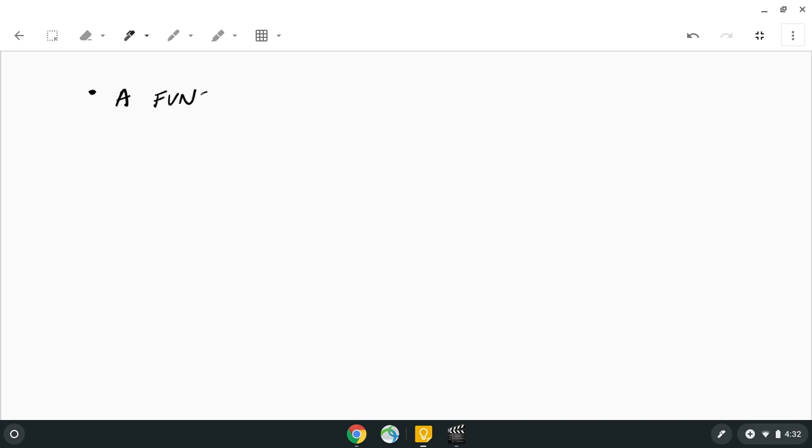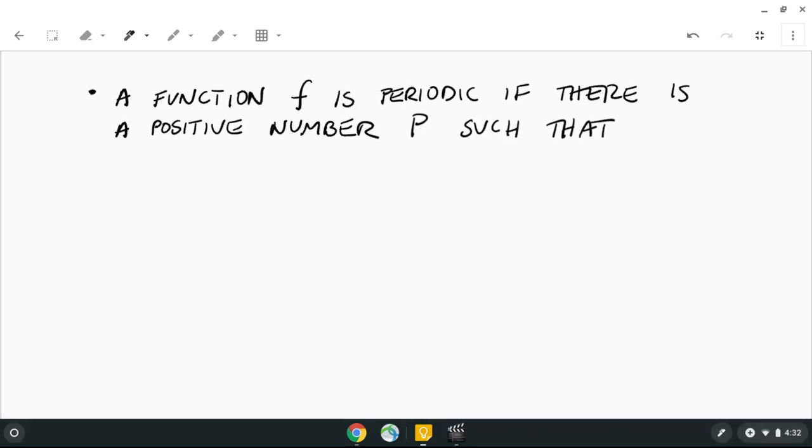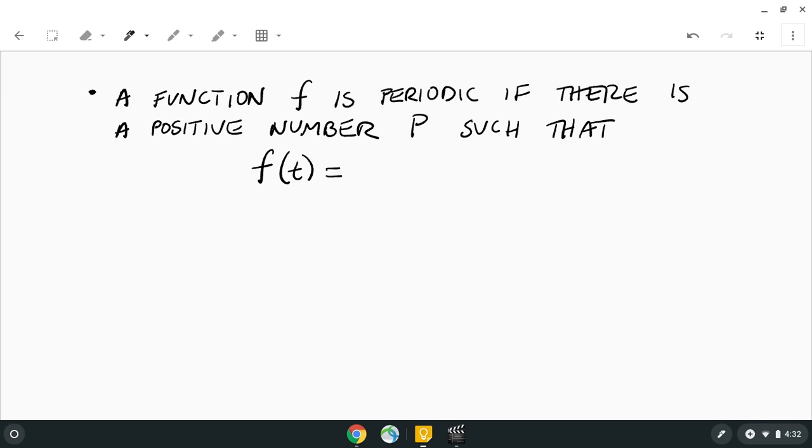Okay, so a function f is periodic if there is a positive number p such that if you do f of t, and you add, say, a full circle to that t value, you're still going to get the same result, for every t.